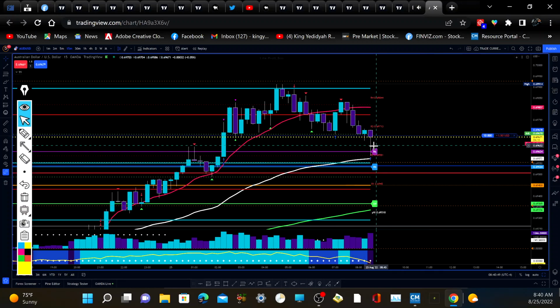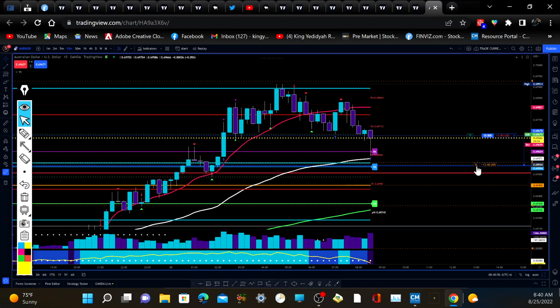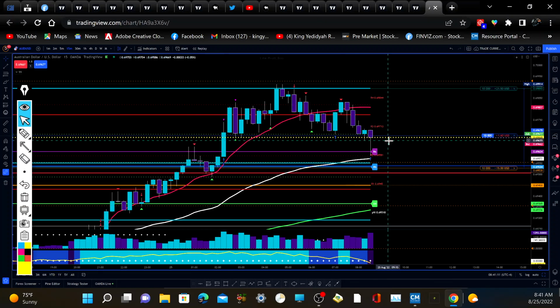We're gonna take a buy position on AUDUSD, and I'm gonna set my stop just below R5 at 0.69528. Take profit at, let's see, up here at the highs.